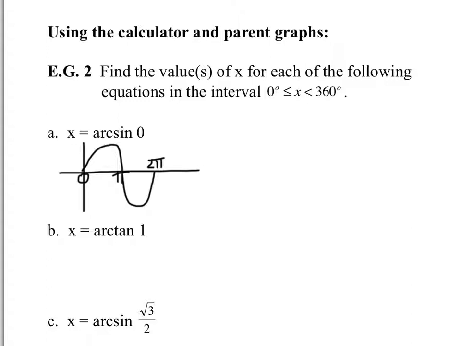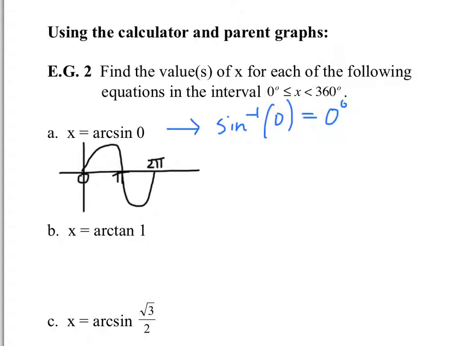Here I'm allowing you to actually get into the calculator and use your inverse function, the inverse sine of 0, to find the angle value. If you take a minute to do that, you'll get 0 degrees. So that is one of our angles, which falls in the interval 0 degrees to 360 for the arcsine of 0. The next step is to refer to the graph to find any other angles in between 0 and 360.